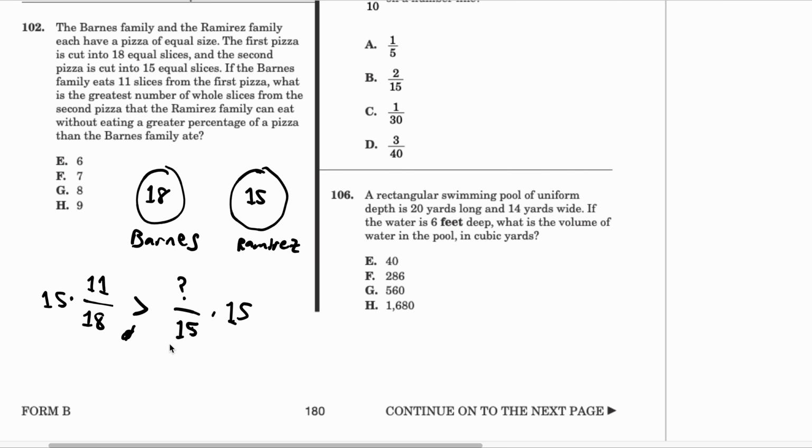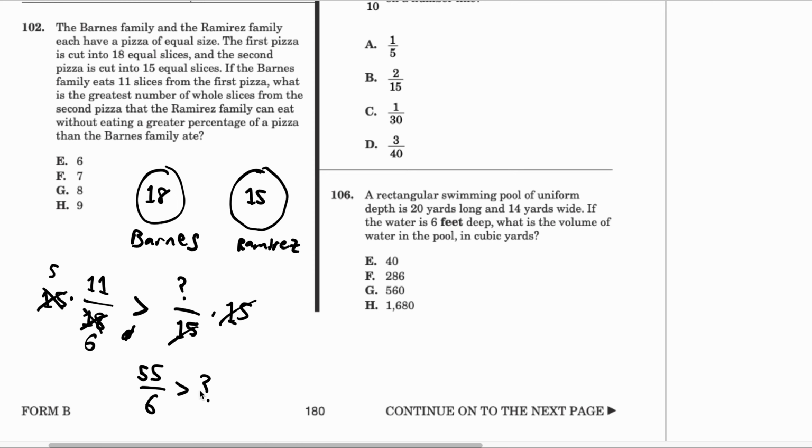Okay, on the right side, these cancel out. Now on the left side, I'm dividing both sides by 3 basically, so I get 5. Here I get 6. Okay, so now I'm going to rewrite this. So 5 times 11 is 55 over 6, and that must be greater than our question mark.